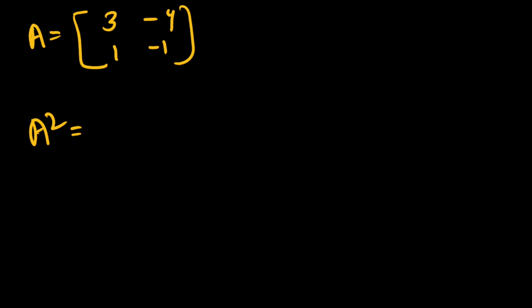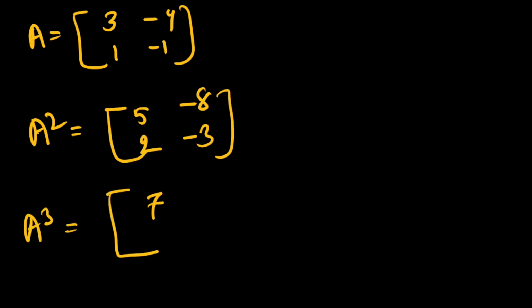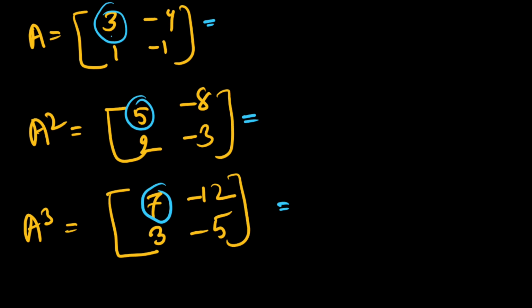If we observe these three matrices, A is [3 -4; 1 -1], A square is [5 -8; 2 -3], and A cube is [7 -12; 3 -5]. Observe each term: 3, 5, 7 are odd terms, which we can write as 2 times 1 plus 1, 2 times 2 plus 1, 2 times 3 plus 1.